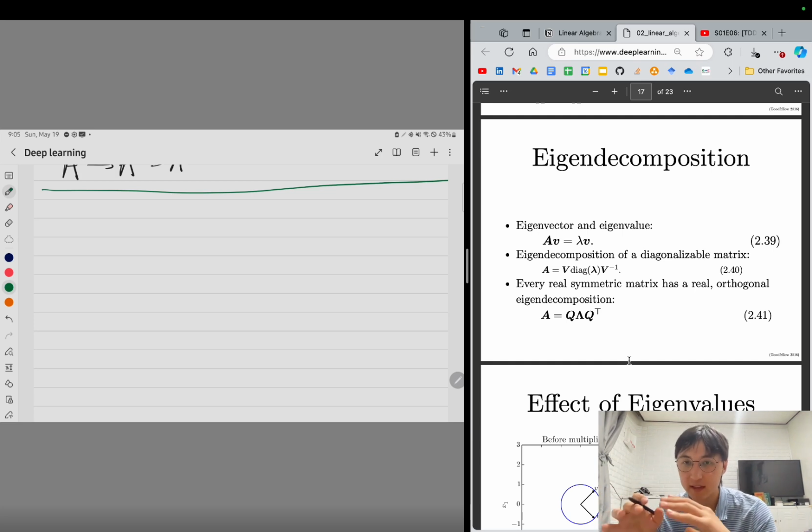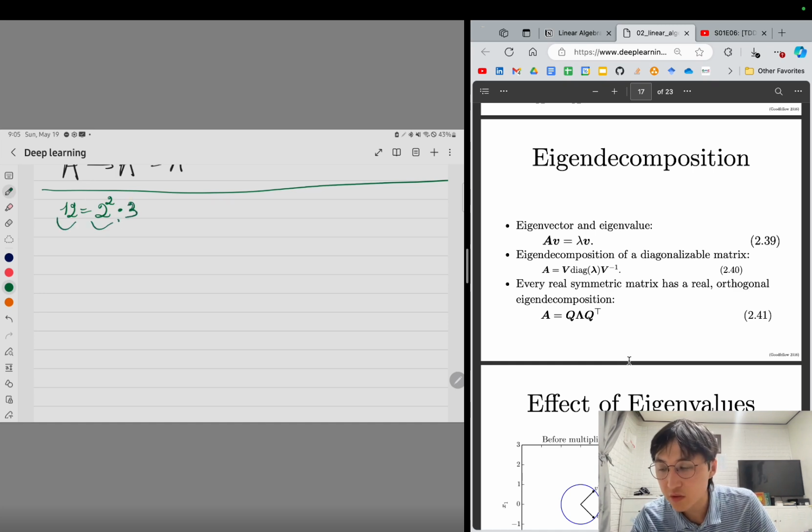Instead of representing this A matrix, we can decompose it and make it smaller. It's like, for example, 12 is what? It is 2 squared multiplied by 3. So we are decomposing this 12 into two elements.